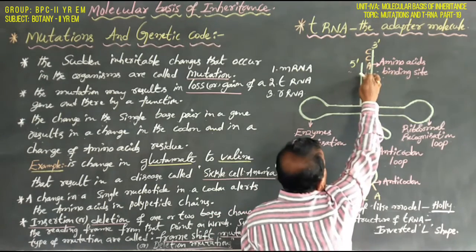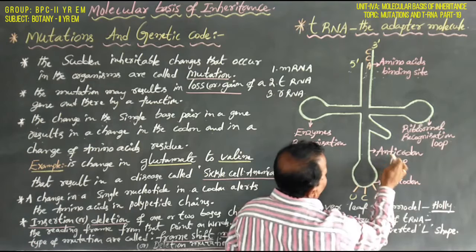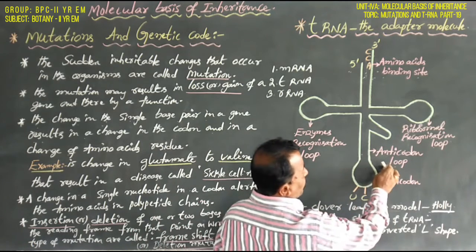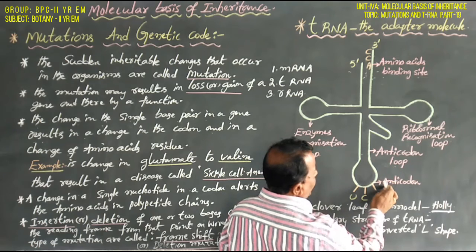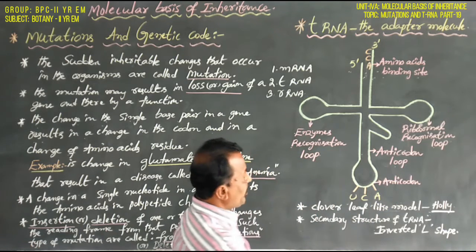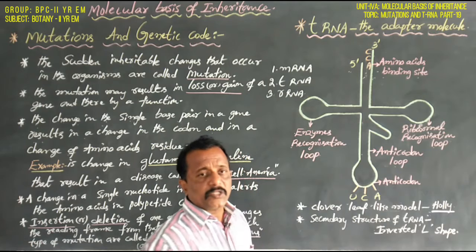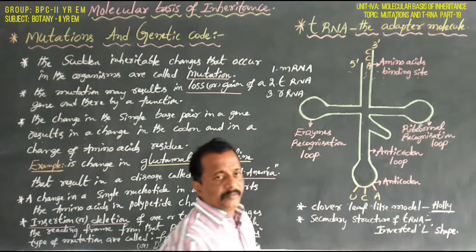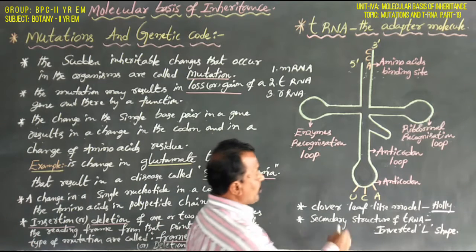The amino acid binding site is opposite to the anticodon loop. This anticodon loop contains one anticodon, that is UCA, meaning uracil, cytosine and adenine. Why is uracil taken?